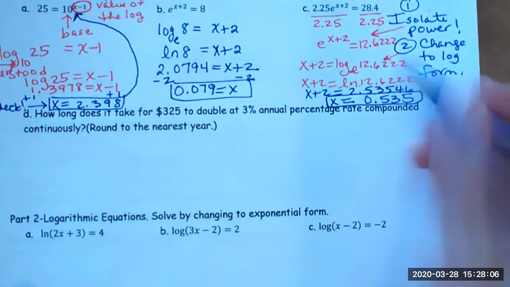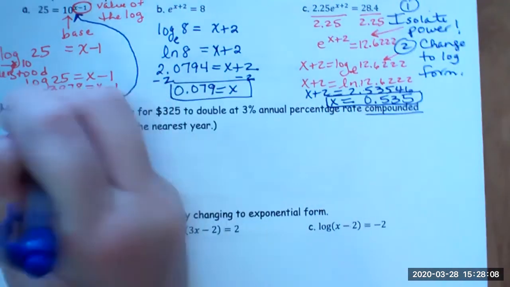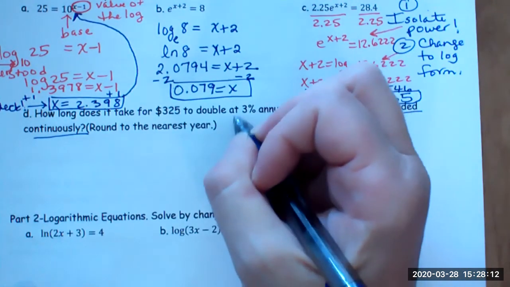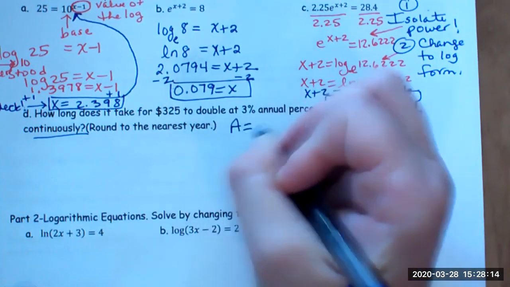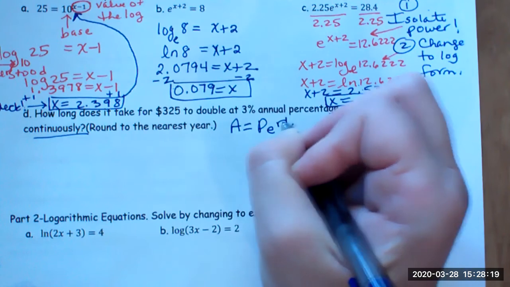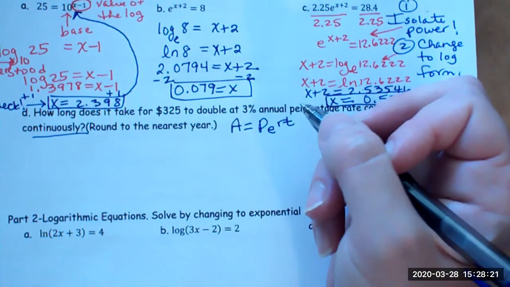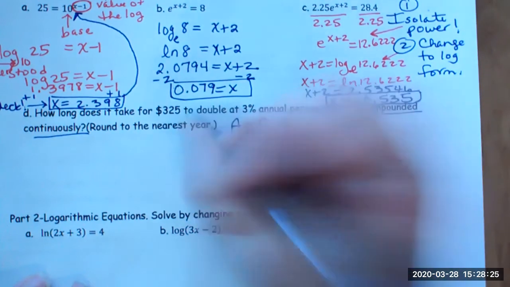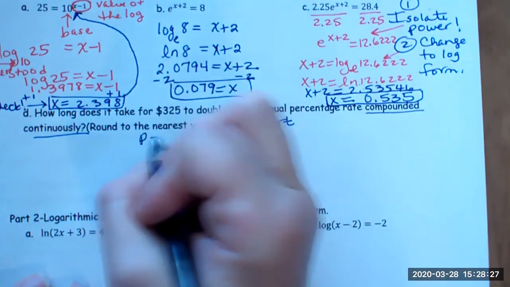So you want to remember, compounded continuously means that A is equal to P times e to the rt. Remember that P stands for how much money you had at the beginning, your principal, so that would be $325.